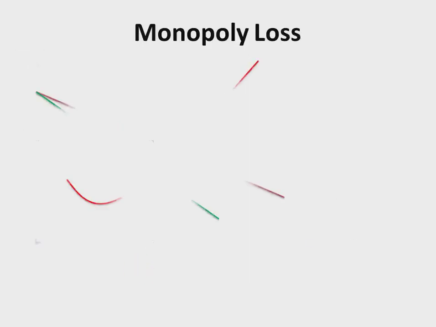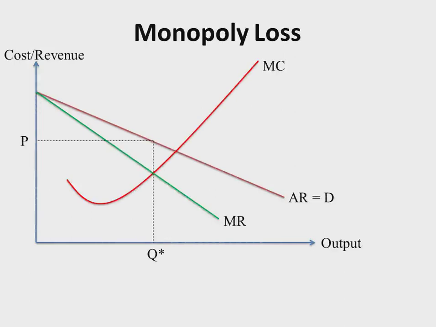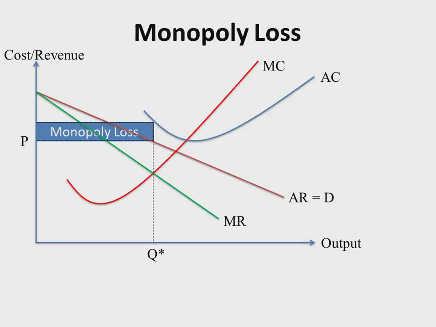Well, if the monopolist is making losses with our initial equilibrium where marginal revenue equals marginal cost, and our average cost curve is above the average revenue curve, extending that line to the average cost curve gives us the monopoly loss. At this output level, the average cost is greater than the average revenue, and therefore the total cost is greater than the total revenue. As such, the monopolist is making losses.